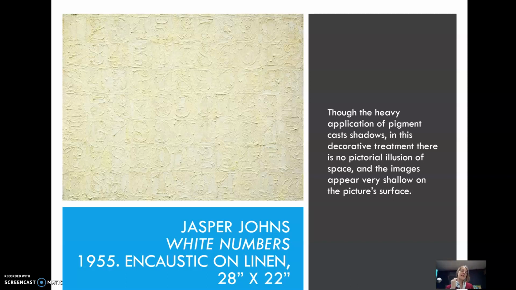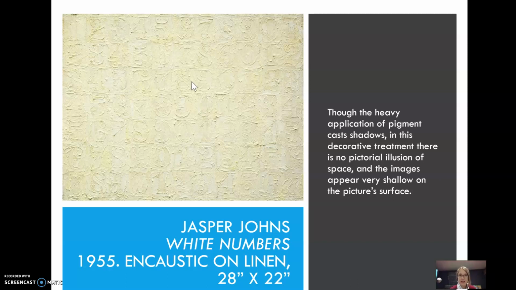But what he's done is he's taken numbers. If you look at this closely, he's made stencils of numbers. So at the top right-hand corner, you see number 1, over here, number 1, 2, 3, 4, 5, 6, 7, 8, 9, and then he just repeats the cycle, and goes to 0, and then 1, 2, 3, 4, 5, 6, 7, 8, 9, 0, and so on.